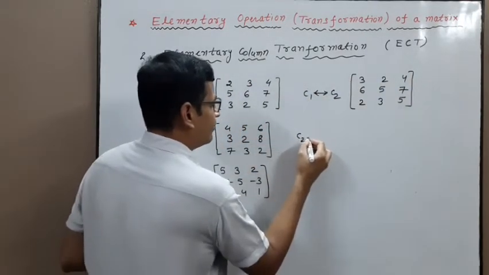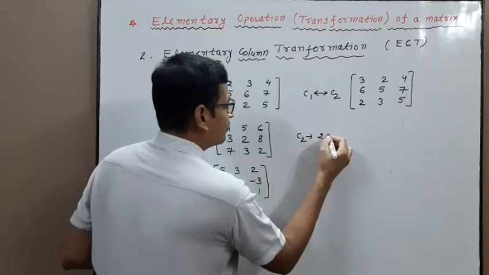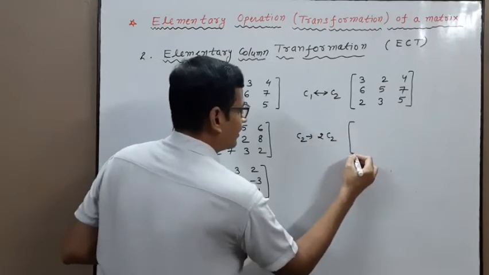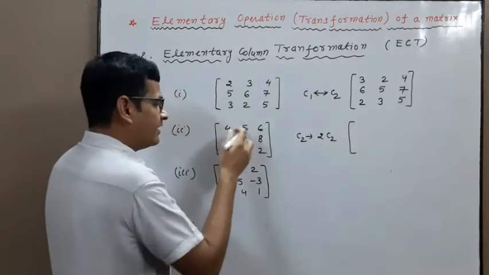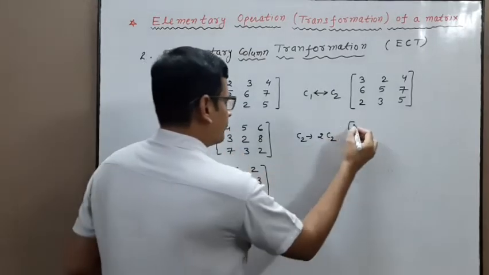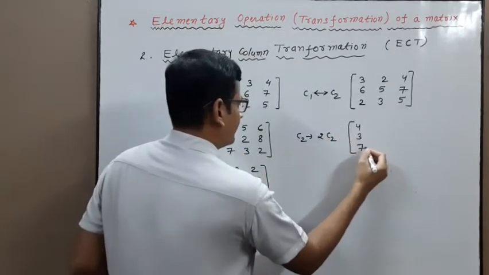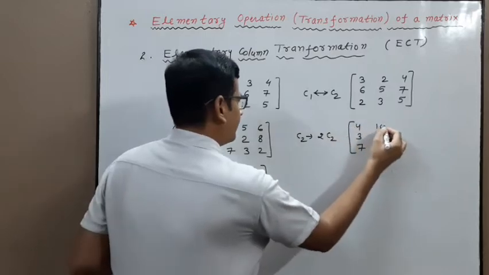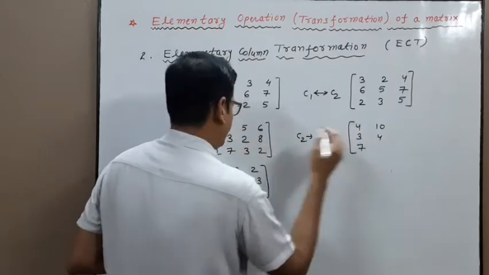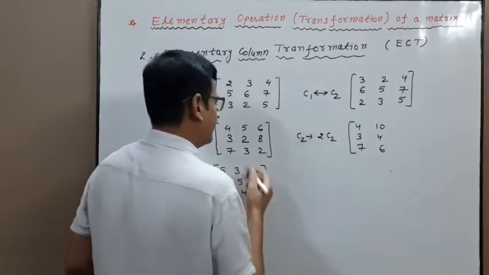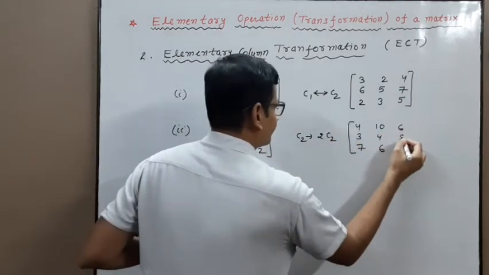If I write C2 tends to 2 into C2, it means multiply each element of C2 by 2. So write C1 as it is, 5 to the 10, 2 to the 4, 3 to the 6, 6, 8, 2 as it is.